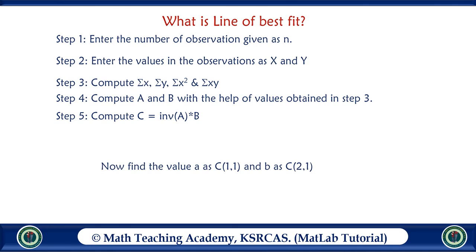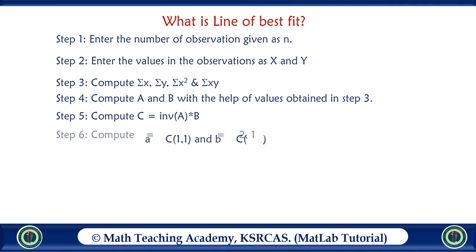Now find the value a as C of 1, 1 and b as C of 2, 1. So after obtaining C, you can easily find the values of the unknowns small a and small b with the help of C of 1, 1 and C of 2, 1. Step 6. Compute small a is equal to C of 1, 1 and small b is equal to C of 2, 1.